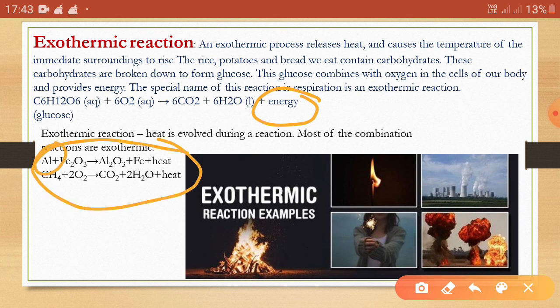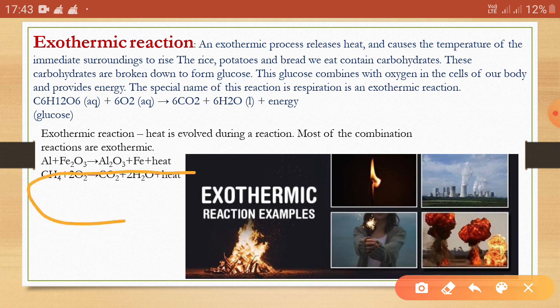Al, that is aluminium, and Fe2O3, that is ferric oxide. When aluminium reacts with Fe2O3, ferric oxide, it gives us Al2O3, that is aluminium oxide, and Fe, and releases heat.